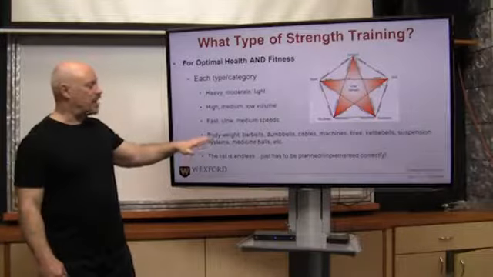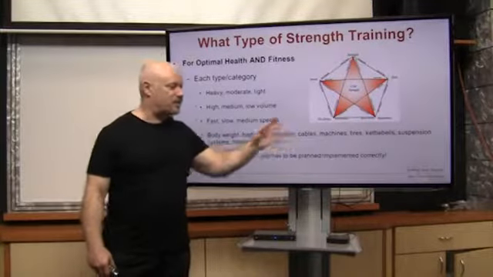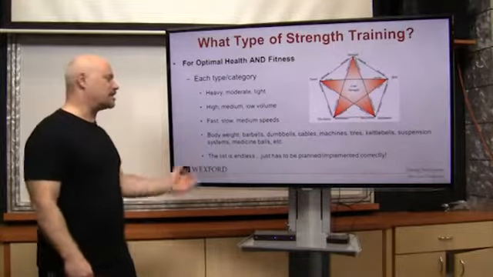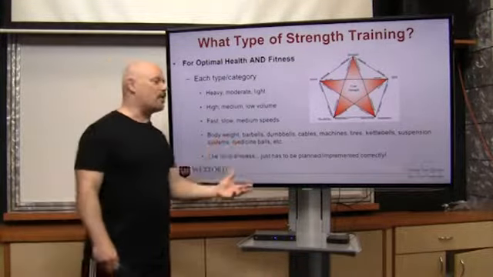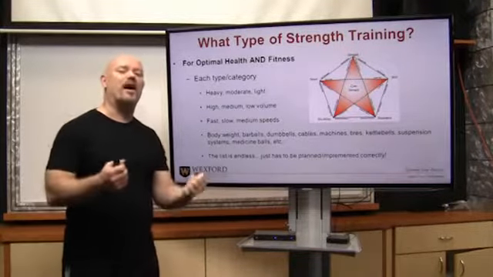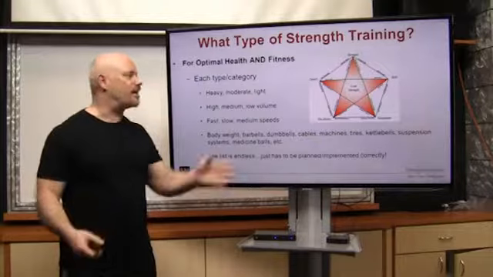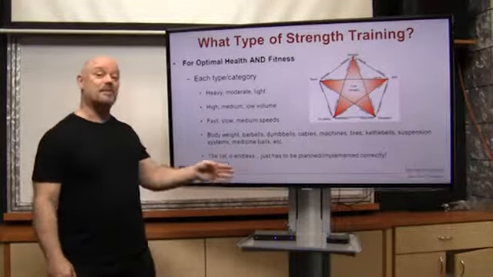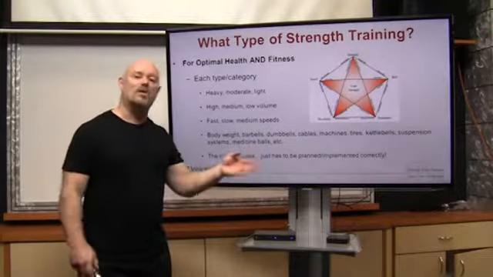Think about this. We can do body weight training, barbells, dumbbells, cables, machines. We can flip tires. We can swing kettlebells. We can do suspension systems, med balls, you name it. If it adds resistance to a movement pattern, it can help us increase strength in all categories. The list is endless. It just has to be planned and implemented correctly.